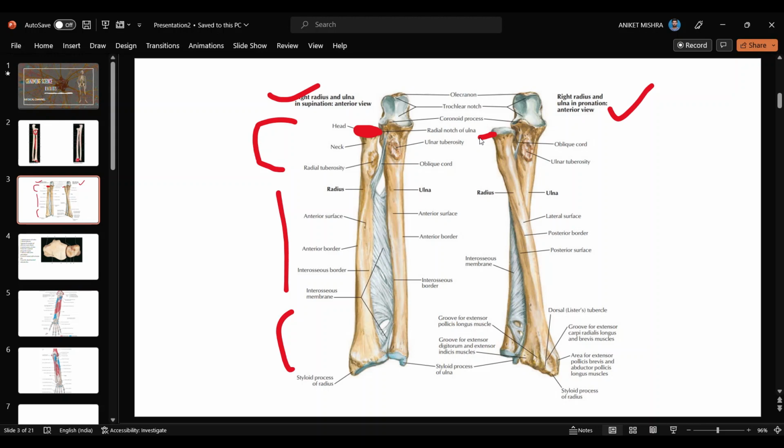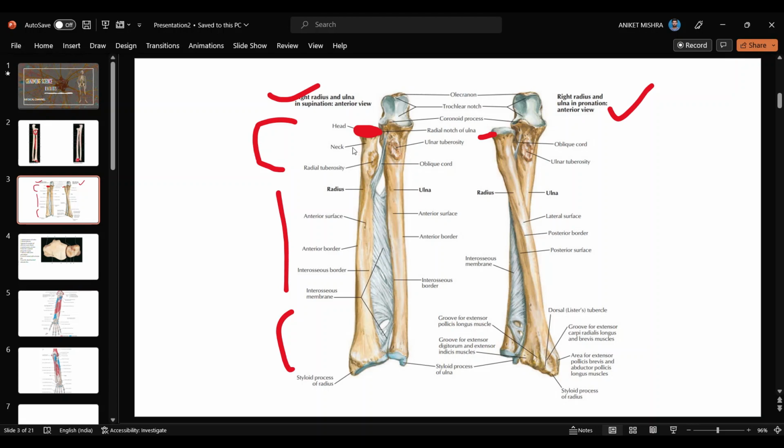It is generally concave in nature, and it articulates with the capitulum of the humerus. There is a ligament present there, the annular ligament, which forms the humeroradial joint and surrounds the head of the radius.